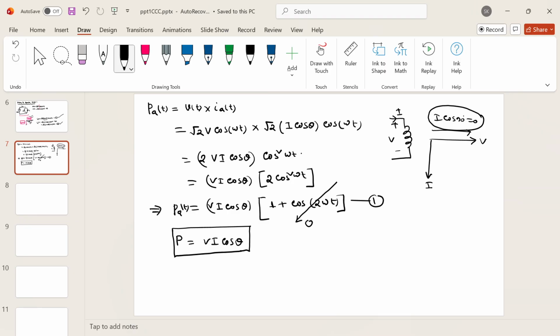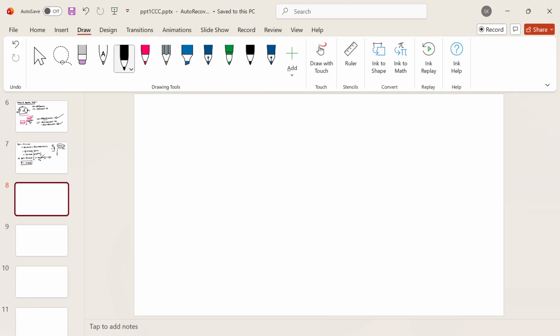Now come to the calculation of instantaneous power because of the reactive component of the current. P_R of t equals root 2 V cos omega t times root 2 I sin theta sin omega t.